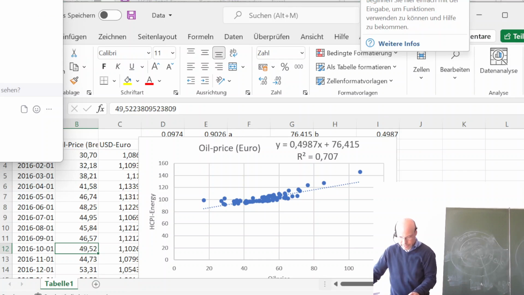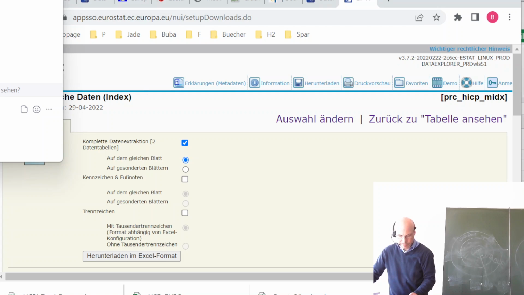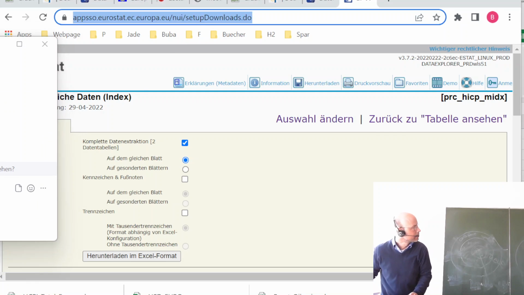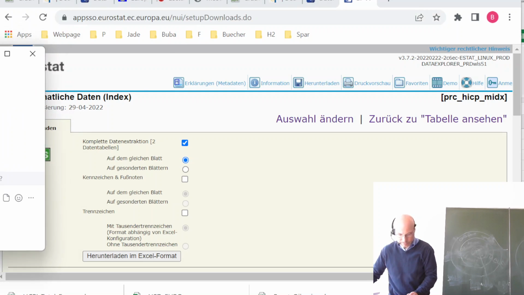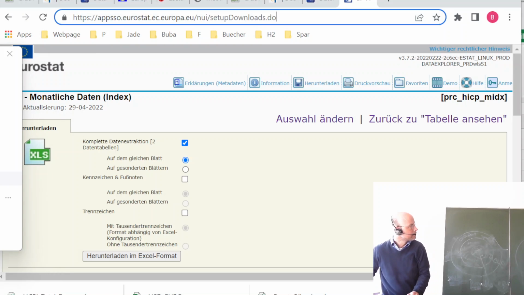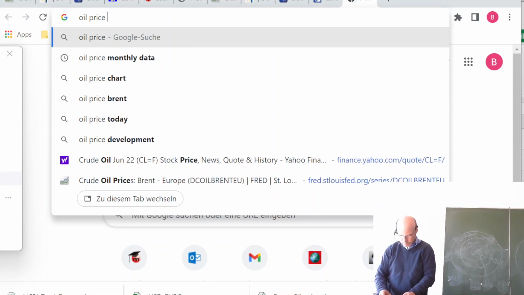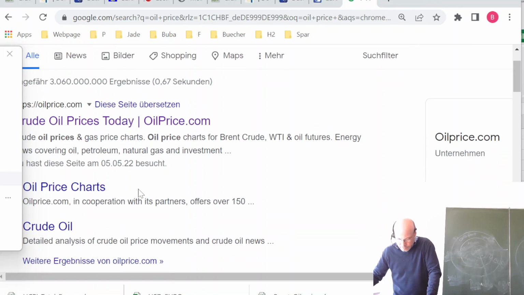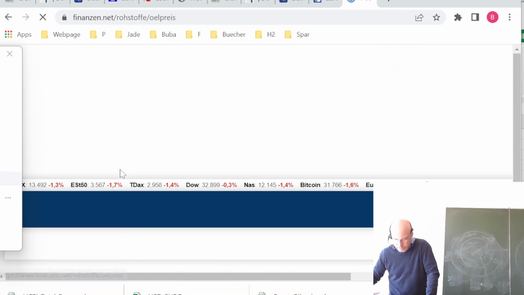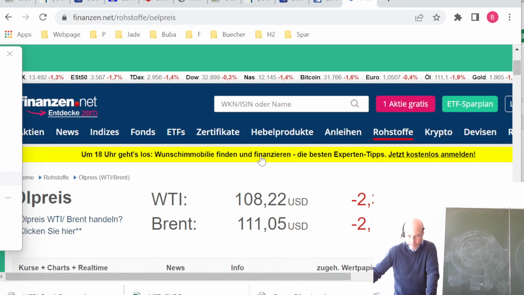Let's look this up. Brent is 111. What do you think? Where is the oil price moving in the future?